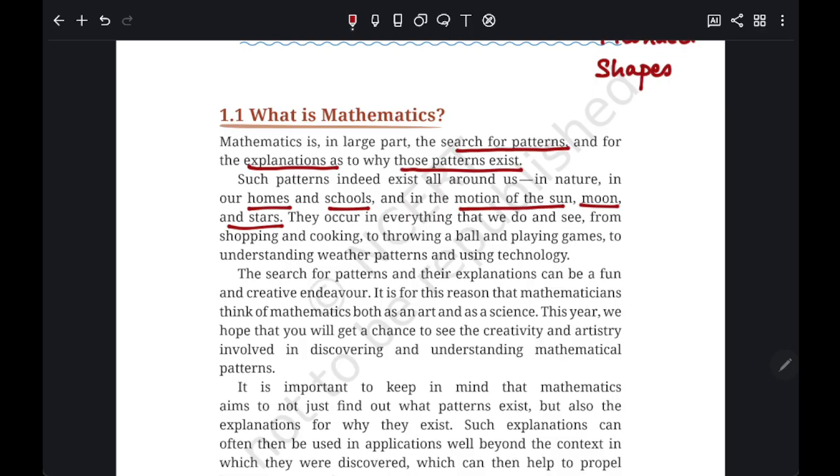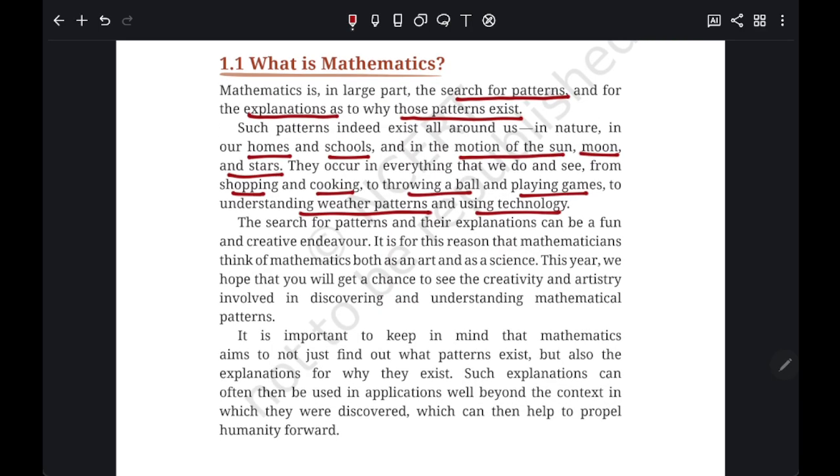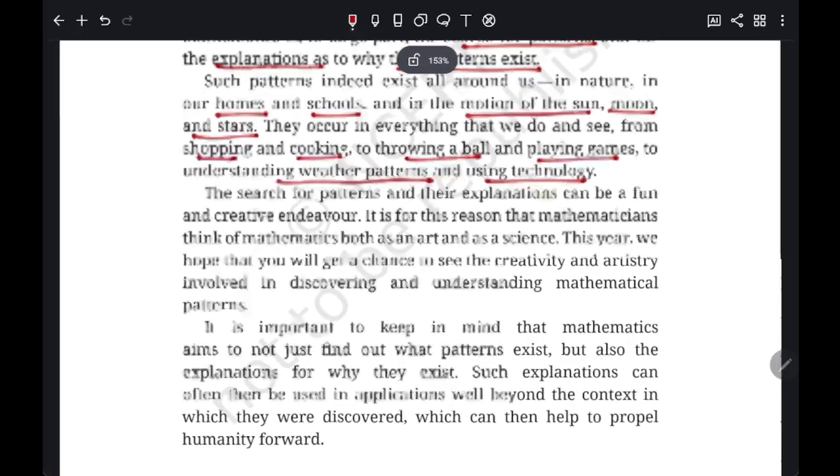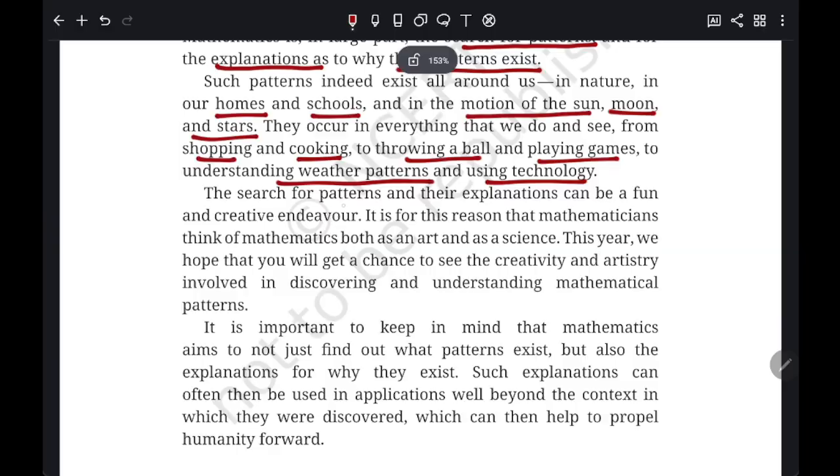They occur in everything that we do and see. While cooking, shopping, throwing a ball, playing games, to understand weather patterns using technology, we use mathematics in terms of patterns. The search for patterns and their explanation can be a fun and creative endeavor.